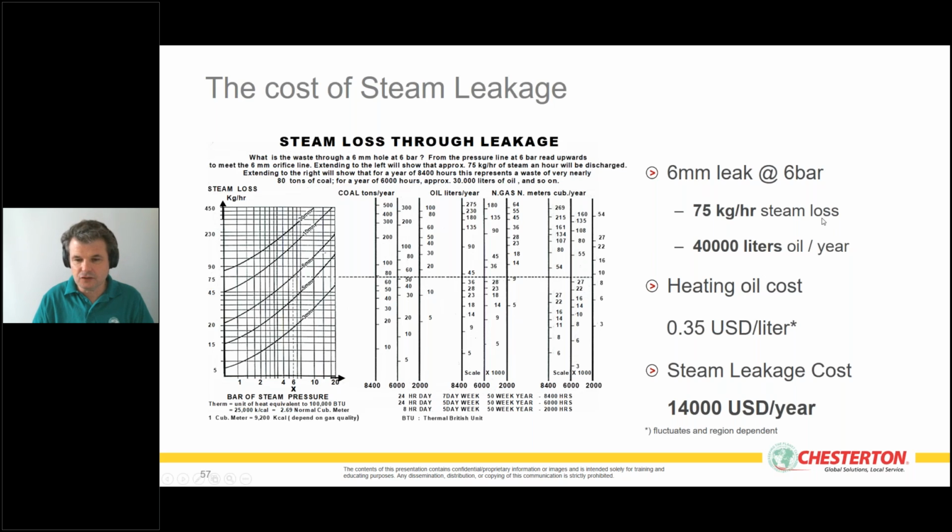To generate this amount of steam, we need to burn 40,000 liters of oil per year. At an average cost of 35 cents per liter, this adds up to $14,000 per year. So it is a very good idea to invest in a good guaranteed sealing system, because this will save you a lot of money.